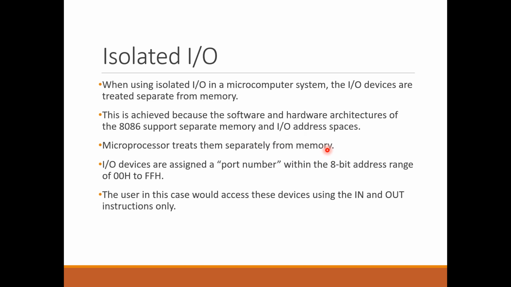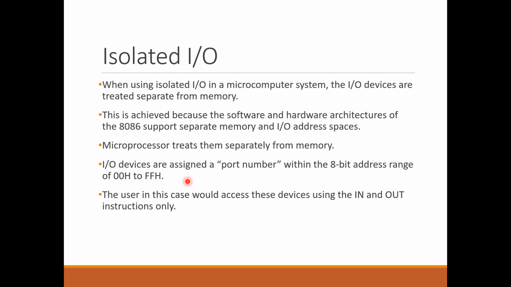Each I/O device is assigned a port number, which is an 8-bit address range. The number of address bits of the input or output ports is 8 bits, which starts from 00 in hexadecimal to FF in hexadecimal.